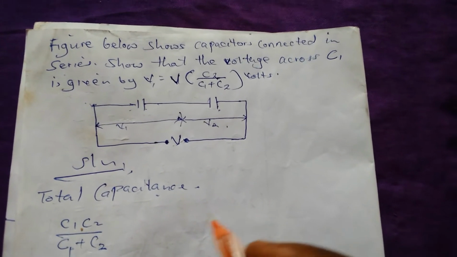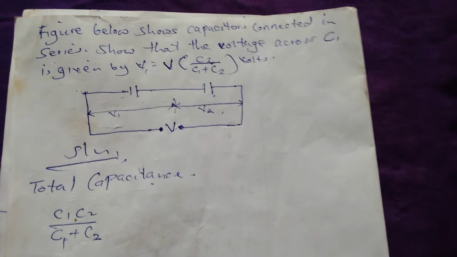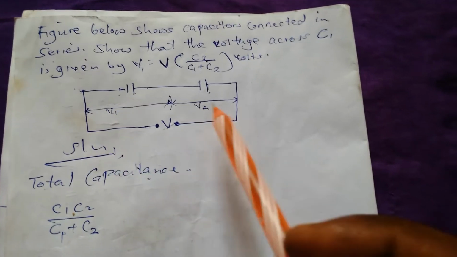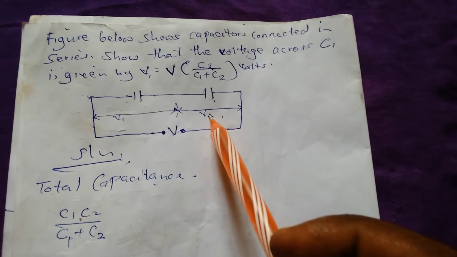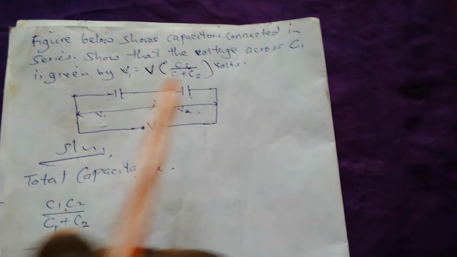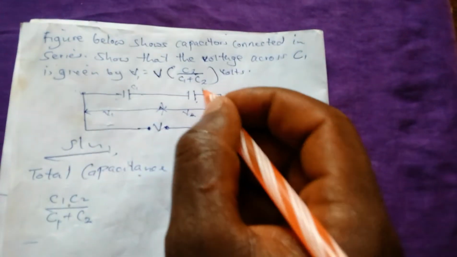Since we don't have the values, we are just going to use V1, V2, C1 and C2. This is C1, this is C2.